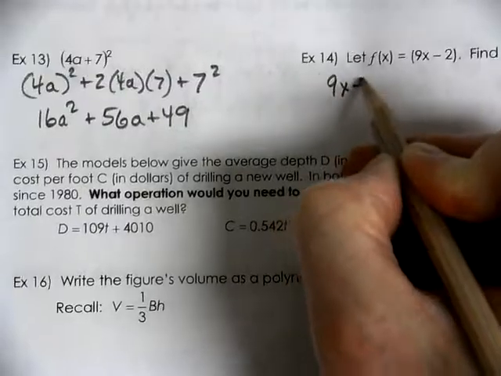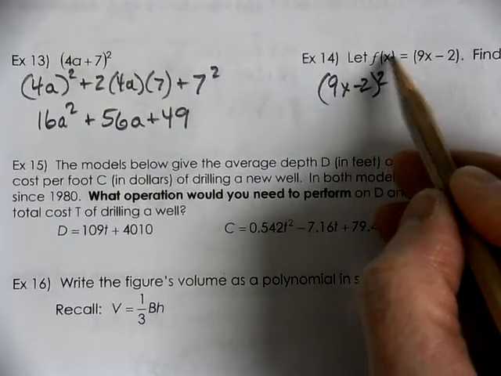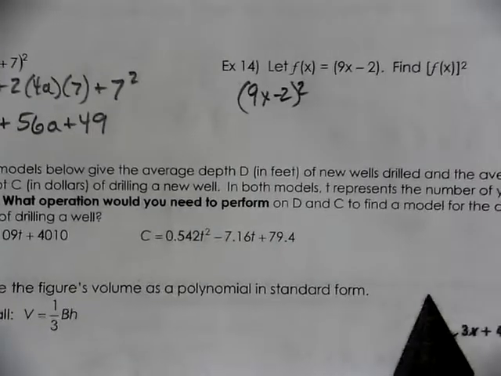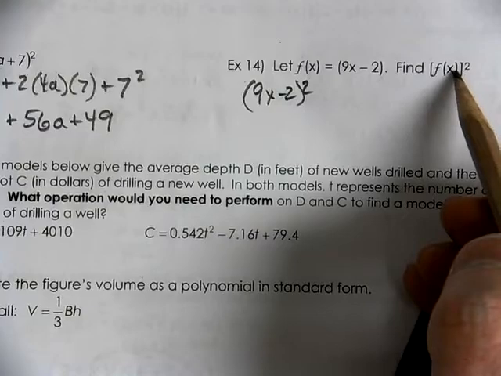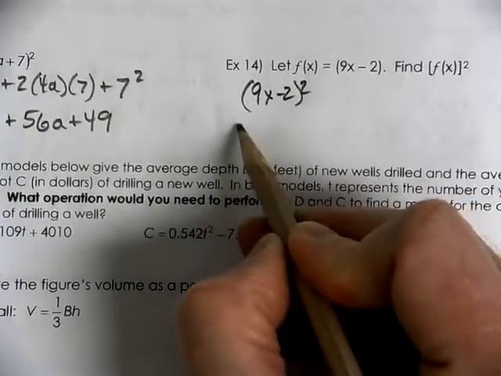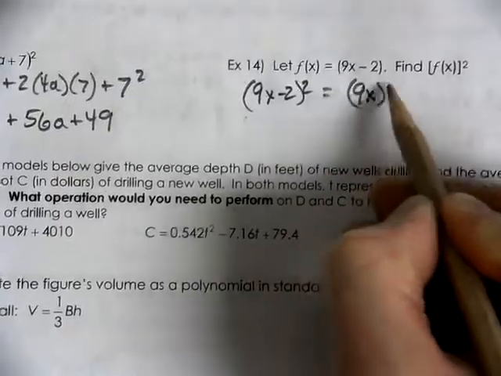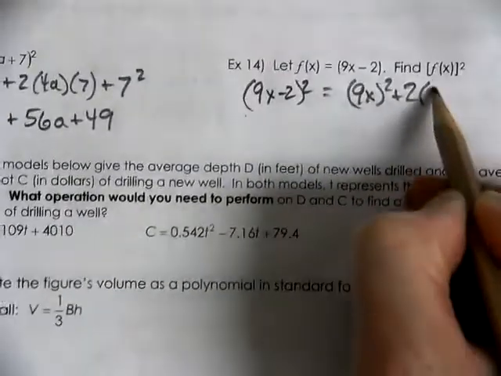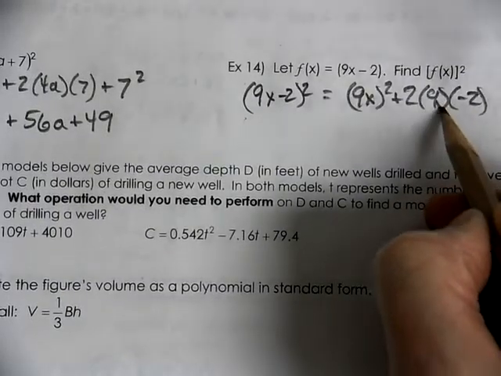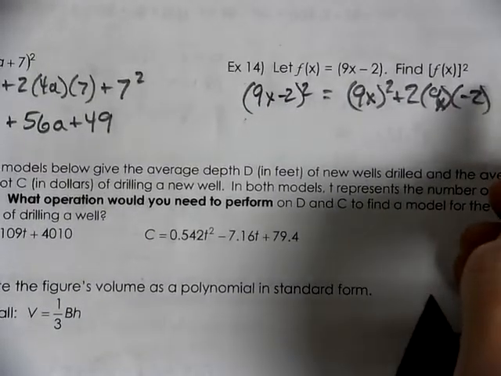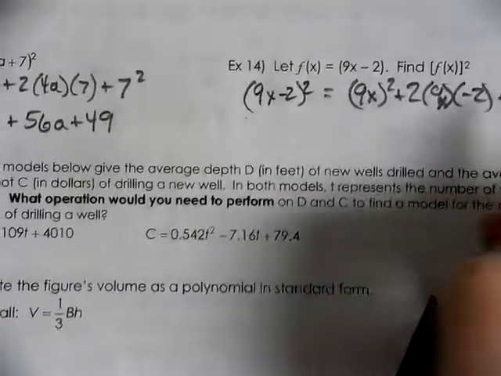This is 9x minus 2, and it's being squared. Your f of x function is 9x minus 2, and you're going to square the f of x function. So that's going to tell us that 9x is going to be squared, then 2 times 9x and negative 2, and then we are going to square negative 2.